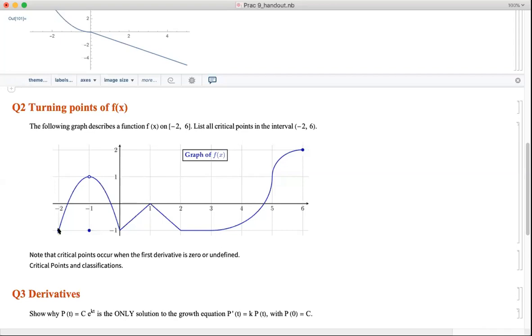Yeah, we want all the critical points to be within this open interval. So -2 is not included.